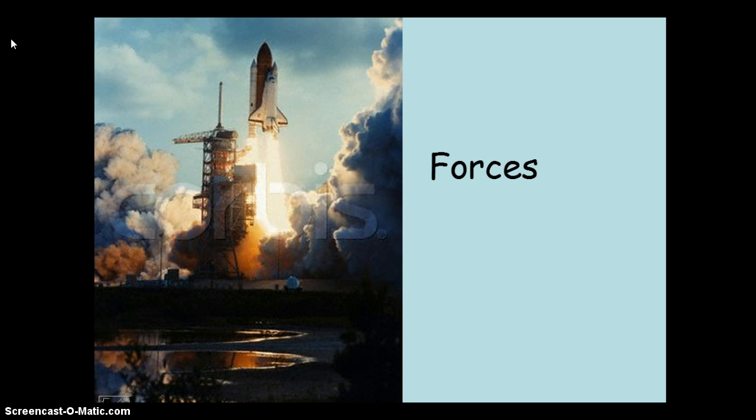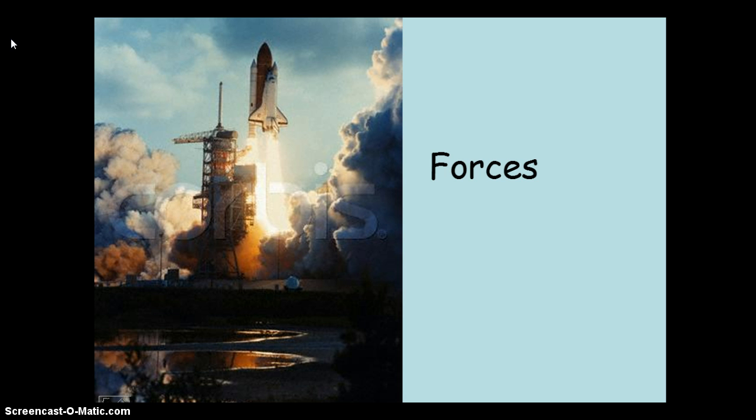Now, we're going to be getting into rockets in much more detail when we get into astronomy later, but rockets are a great example of forces at work. If you were to have seen the space shuttle in this picture before it was taking off, it was just sitting on the launch pad. There are forces at play here, even though the shuttle is not moving.